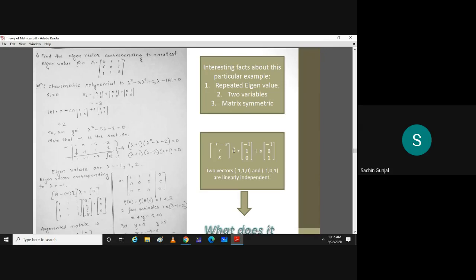For a symmetric matrix, eigenvectors corresponding to distinct eigenvalues are orthogonal to each other.